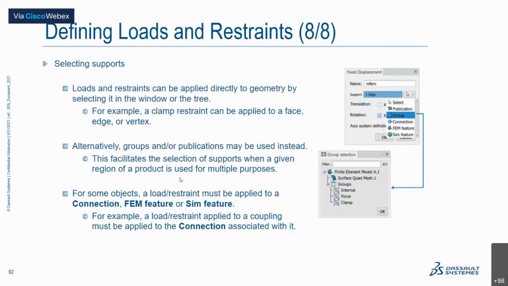A group is created for places where a common type of load, a common type of mesh, or a common type of reference is to be generated. So if it is a load or a clamp that you want to apply to four different faces, you can select the four faces, create a group of them, and apply the force or the clamp command directly to the group itself.